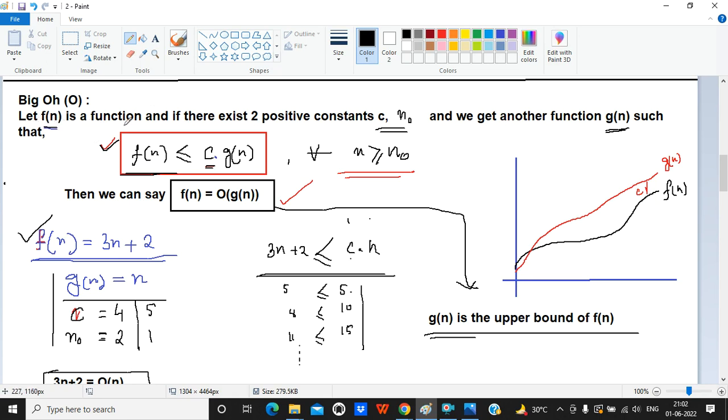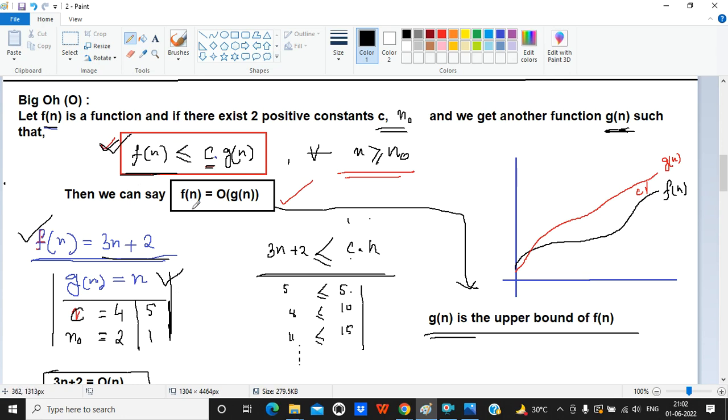If f of n is a function, and if there exist two positive constants c and n0, we found two positive constants c and n0. With that, we also found another function g of n, such that this condition satisfies. So for all these values, this condition is satisfied.